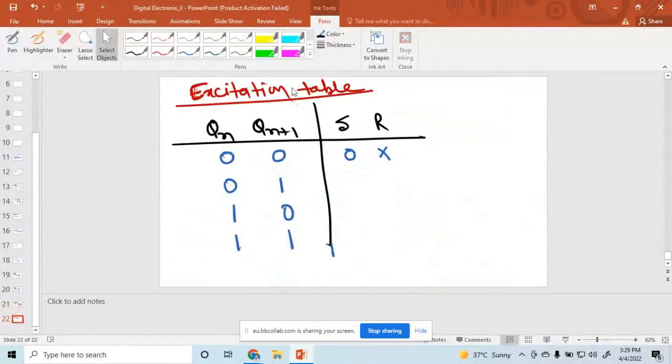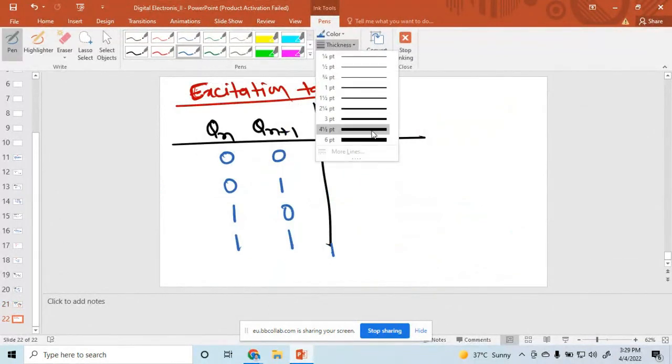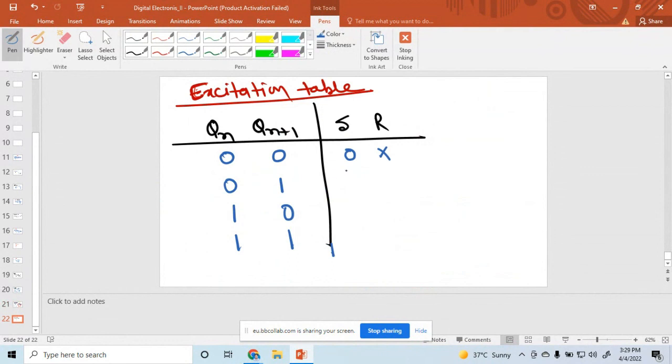So 0 don't care, and then 0 1 means 1 0, and 1 0 means 0 1, and where 1 1 is chosen, that value is don't care 0. So this is the excitation table of SR flip flop.